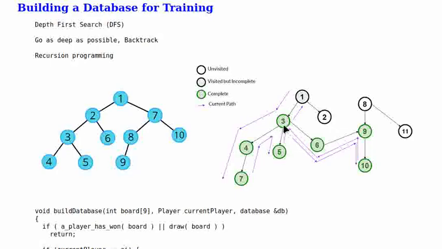For 3, we now go deeper instead of returning, because we haven't visited this 6, so we go to 6, and then 9, 10, and then go back all the way back to 1, and then visit 2. So that's the DFS technique.